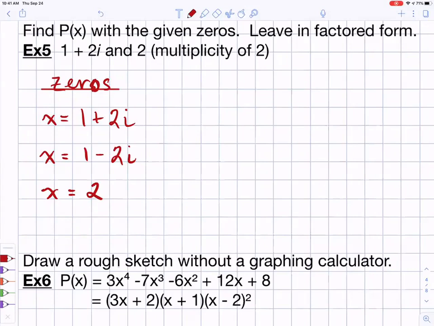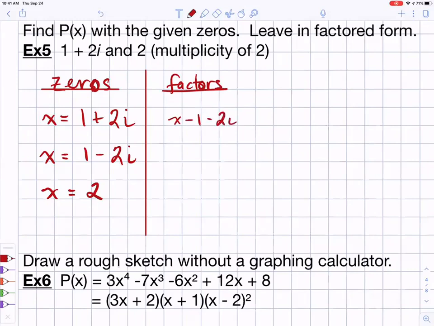I'm supposed to leave in factored form. I'm supposed to find P of X. The only way to find P of X is to multiply my factors, and the only way to multiply my factors is if I have factors. So let's take all of our zeros and turn them into factors. So my first factor? No, minus 2i.